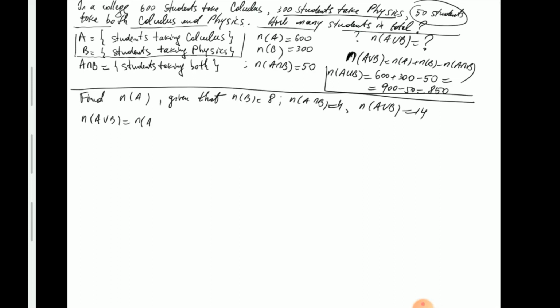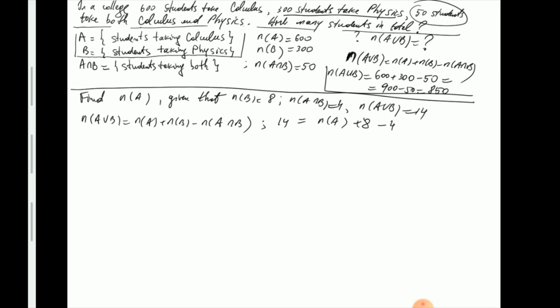N of A plus N of B minus N of A intersection B. Now plug in what you know. 14 on the left equals N of A, which is not known, plus N of B, which is 8, minus N of A intersection B, which is 4.